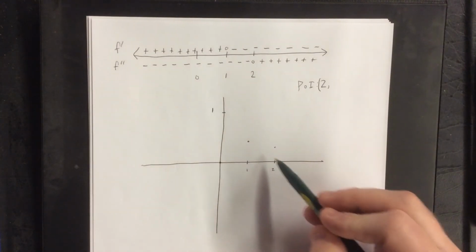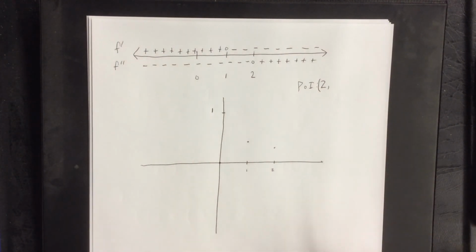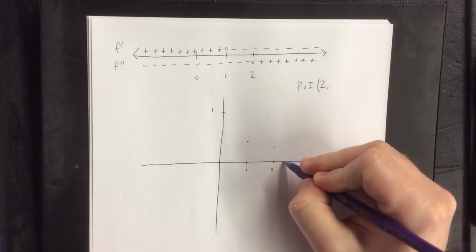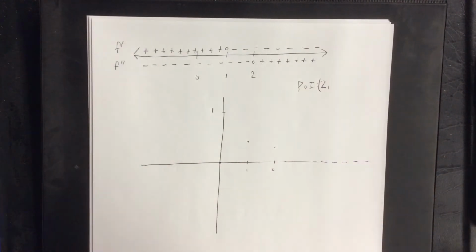So all through this region, we're supposed to see something concave down, and as soon as we hit 2, it's supposed to be concave up, but still decreasing. We did mention earlier that there is a horizontal asymptote, and that horizontal asymptote is only on the right-hand side, and it'll be approaching y equals 0. We will see that behavior because it'll be decreasing and concave up.